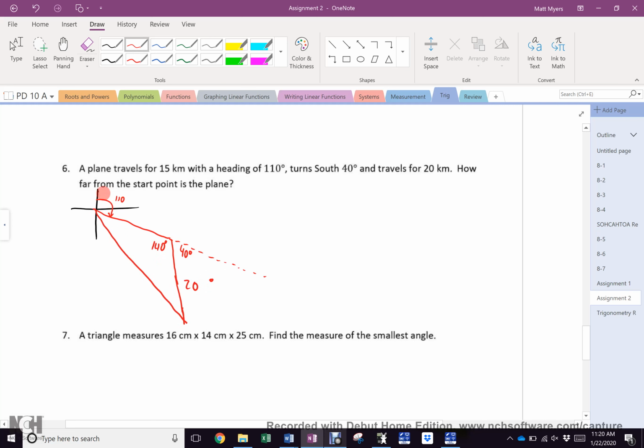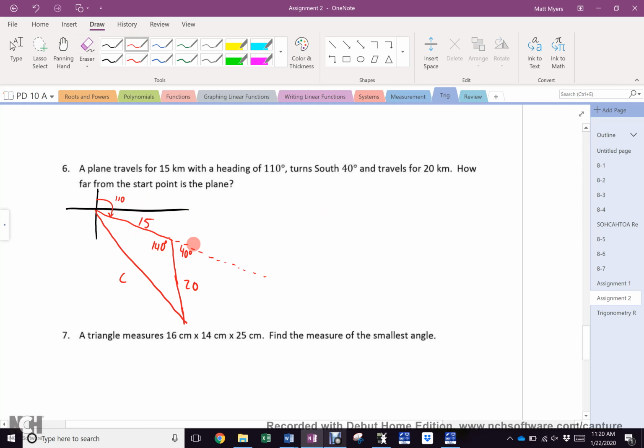If this is 110, all the way to here, then this is 20 degrees. Right? No, I don't know why I've got a degree there. But I don't even need that. I screwed that up because we know he flew 15 kilometers there. So I got 15, 20, and 140.